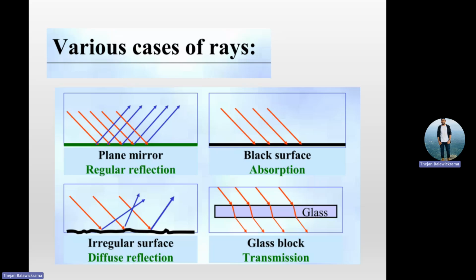that means 100% transmit. So these are the differentiations between the travel paths of the ray: reflection, absorption, transmission. So for the exam, I can ask: differentiate the propagation of light and show how transmission, reflection, and absorption operate.